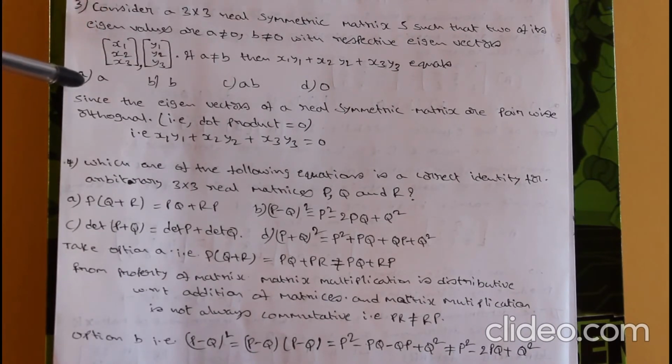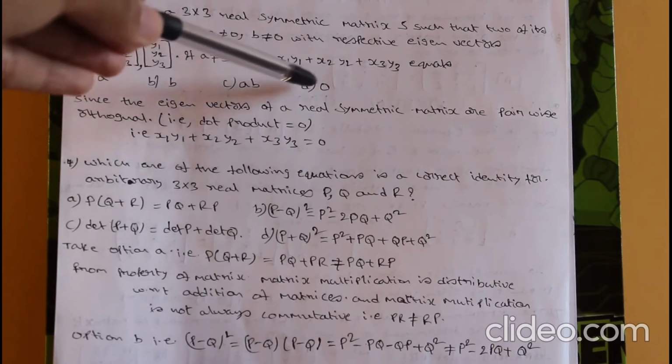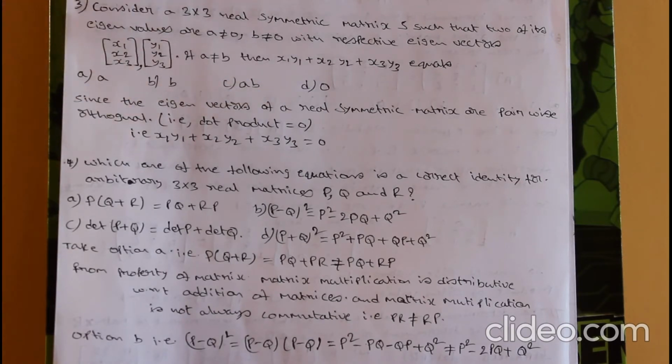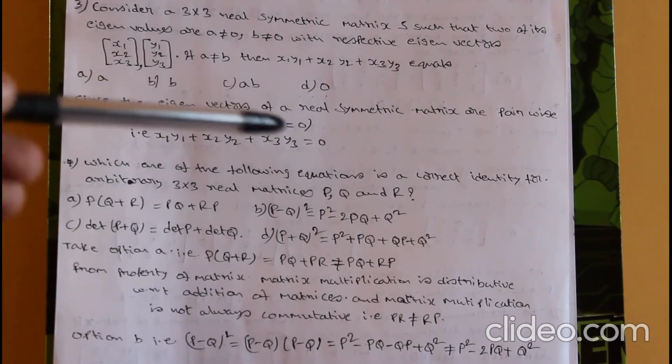Look at the options given. Option A, option B, B, option C, A, B, option D, 0. So option D is 0. So remember this point: for any real symmetric matrix, the pair of eigenvectors are orthogonal, that means the dot product of those two eigenvectors is equal to 0.